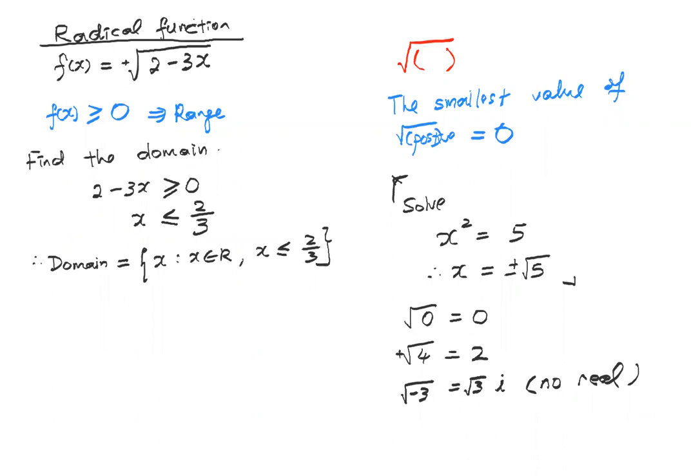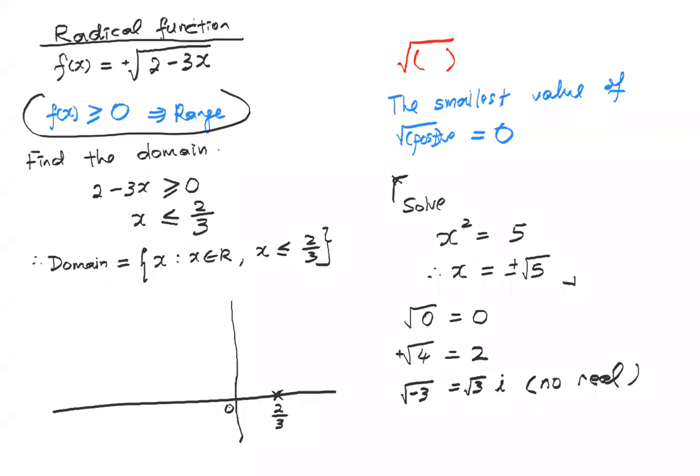Correct? So if I draw the graph, this is my 2/3. When x equals 2/3, y is equal to 0. Am I right? So this is also called the x-intercept. Am I right?